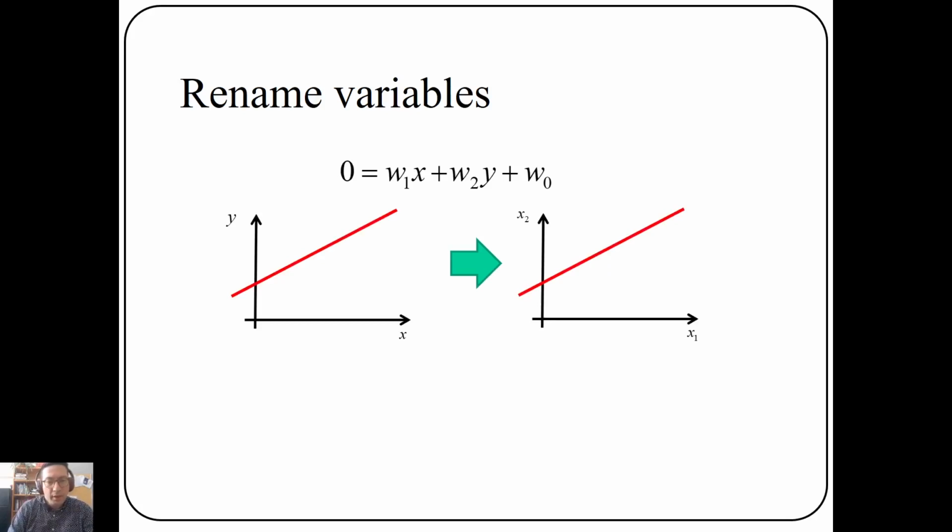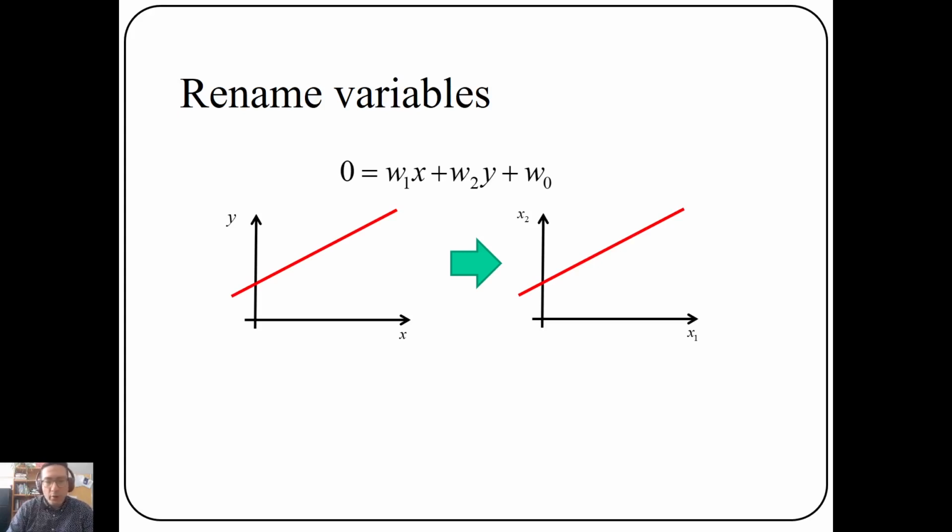Something else I would like to do is to replace or rename X and Y by X1 and X2 because this is a feature space, and for now we have two features, the body temperature and the cardiac frequency, but eventually we would like to have more features. For example, we would like to have 3, 4, 5, 6, 7 n features, and this way it would be more convenient to have X1, X2, X3, X4 all the way to Xn.